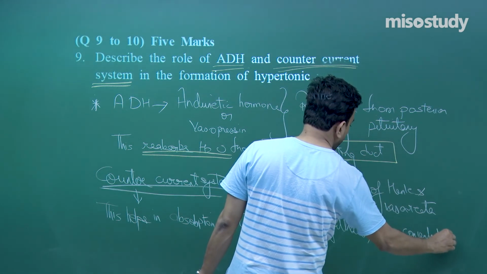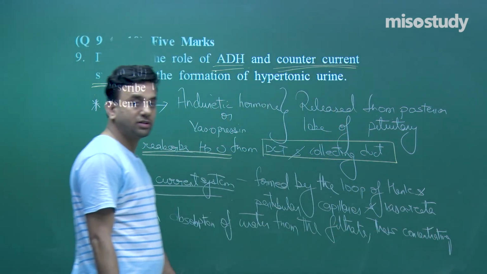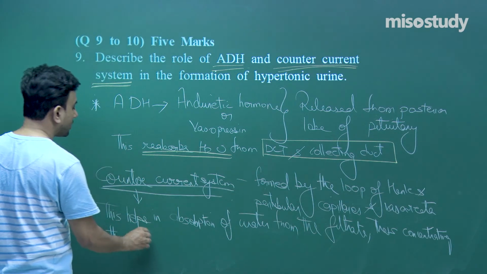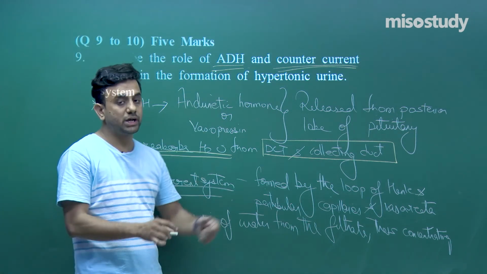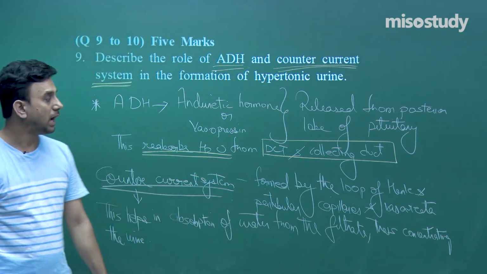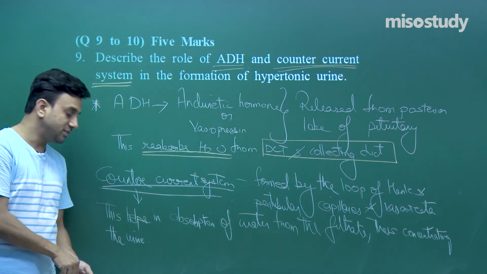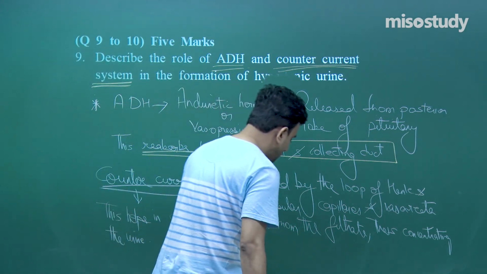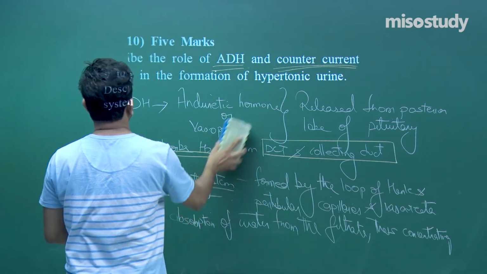So both are concentrating the urine and hence producing a hypertonic urine. ADH reabsorbs water, and even the countercurrent mechanism reabsorbs water from the urine. Now we will move on to the next question.